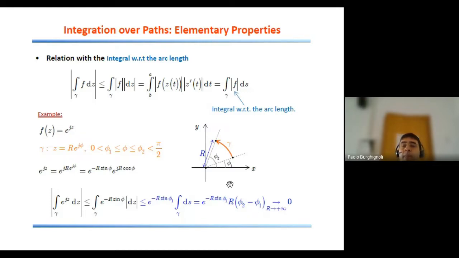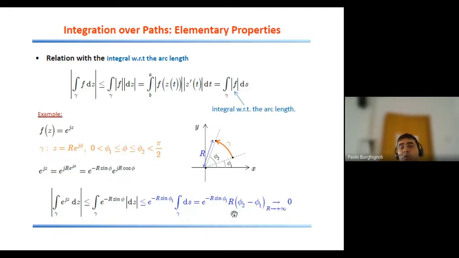Okay. Now this expression is interesting because you can see what happens when you let the radius r go to infinity. If the radius r goes to infinity, the length of the arc, of course, goes to infinity, but it does so quite slowly because that's a linear infinite.